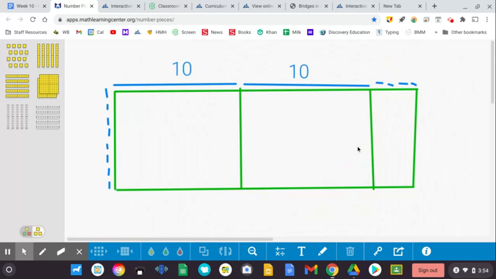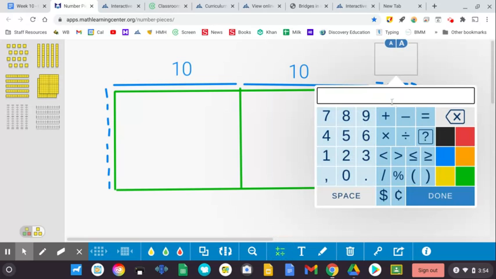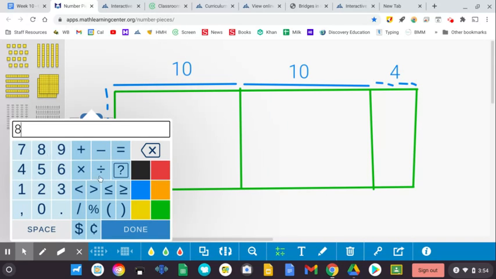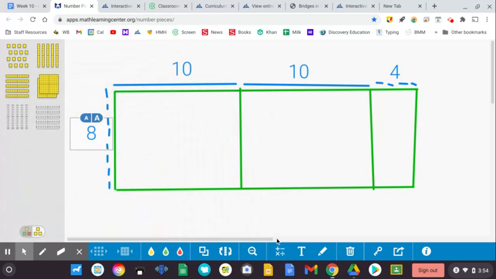Okay, and then we have a 4. And 1, 2, 3, 4, 5, 6, 7, 8, and we have 8 over here. Okay, so we have the dimensions already written.